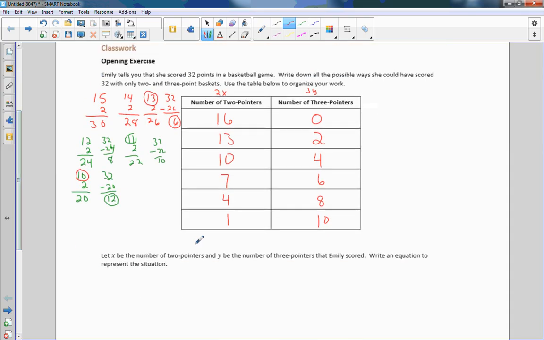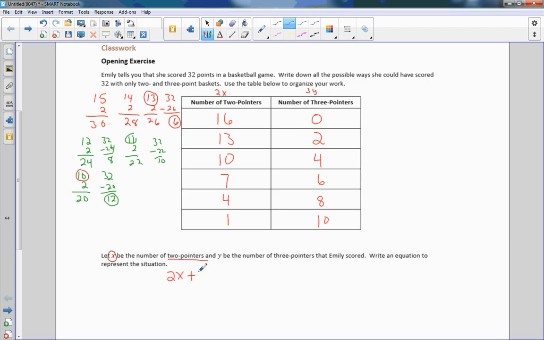Now it says, let x be the number of 2-pointers and y be the number of 3-pointers that Emily scored. Write an equation to represent the situation. So that would be 2 times the number of 2-pointers, x, because they're worth 2 points each. If you don't get any 2-pointers, 2 times 0 is 0. If you get 1 2-pointer, 2 times 1 is 2, and so on.